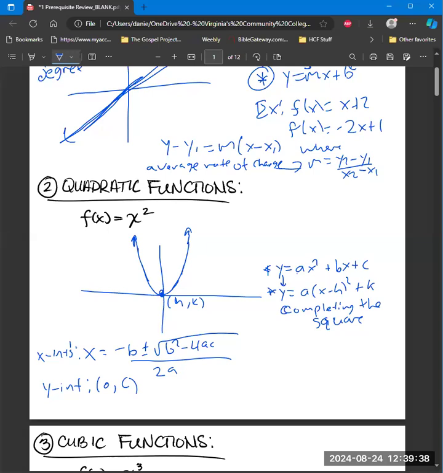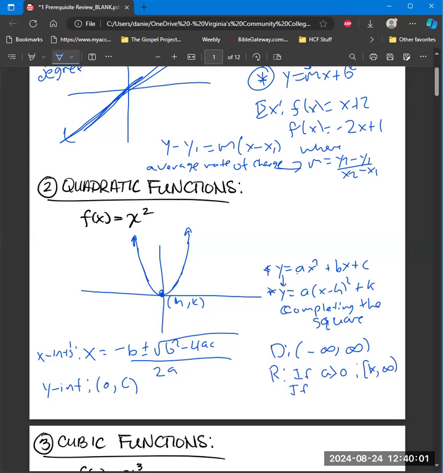And let's see, what else? Domain here, it's going to be negative infinity to infinity since it's a polynomial. And its range, if it opens up, a is greater than 0, is going to be k to infinity, closed at k.